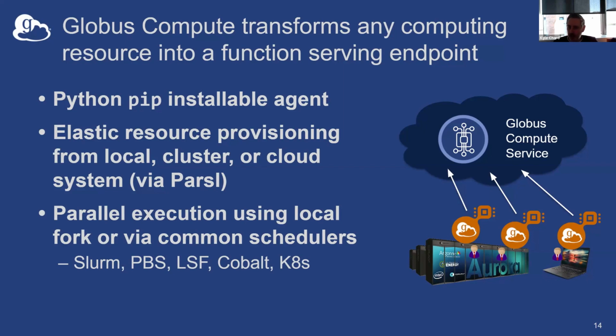We also have native packages for Debian and Yum for our multi-user endpoint. This software basically supports, as I said before, a bunch of different schedulers and APIs for provisioning resources.